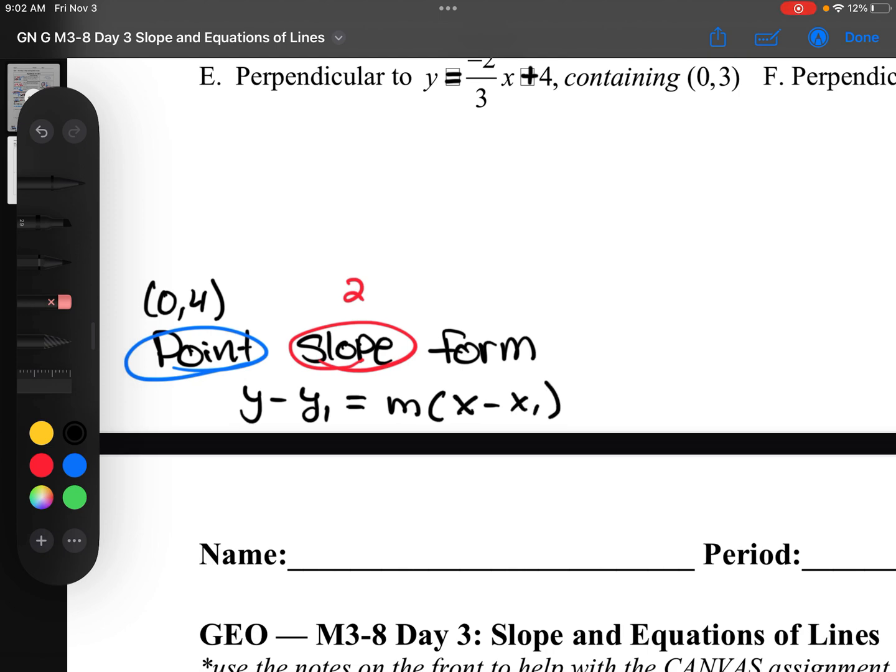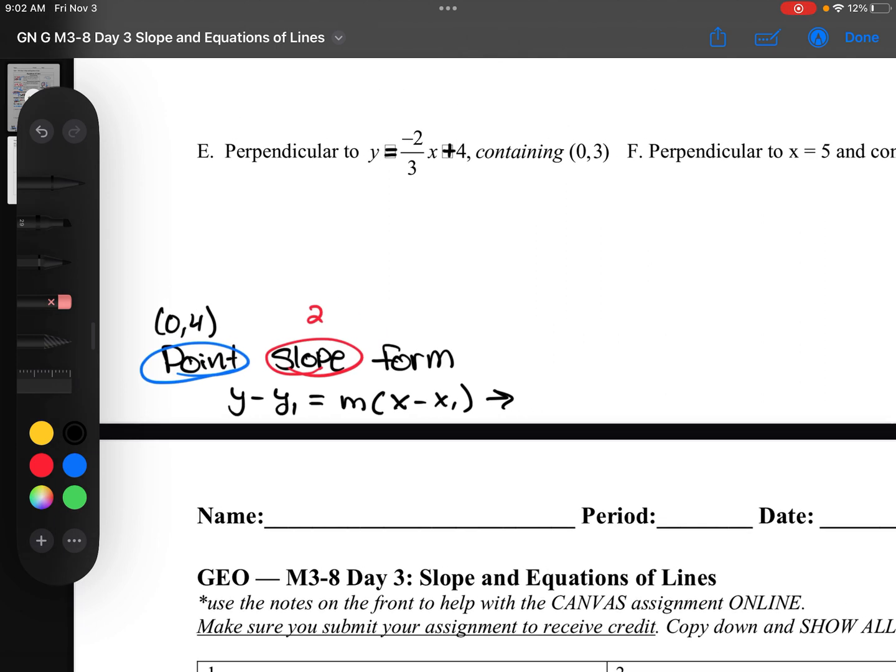So in this example, we know the slope is 2, and we know our x and y coordinates. So we could fill in this equation: y minus 4 equals the slope, which is 2, times x minus this guy over here, 0.